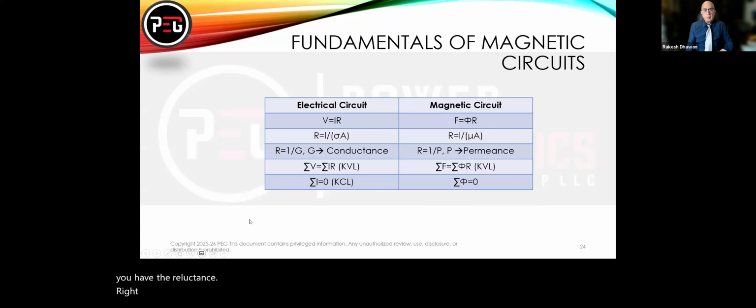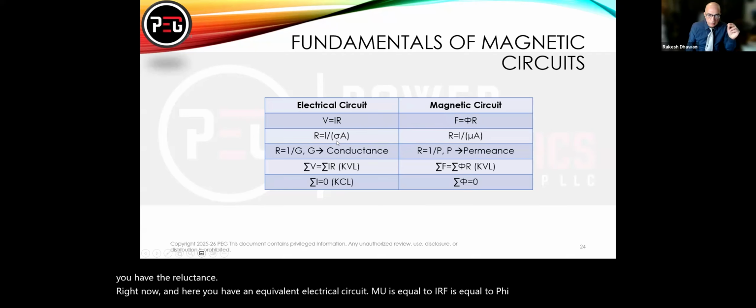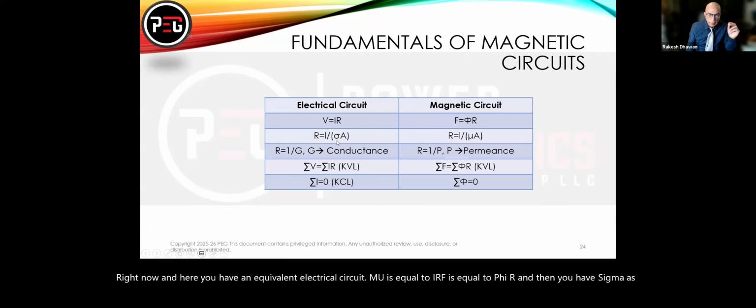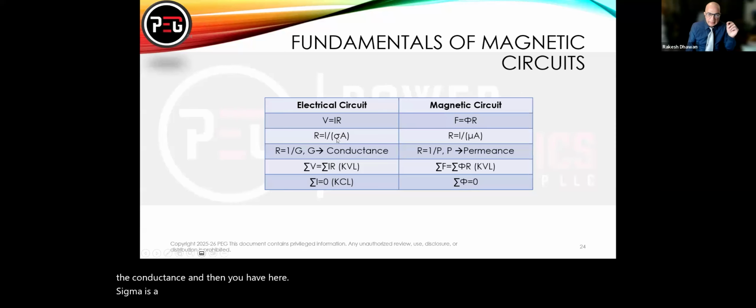Now, here you have an equivalent. Electrical circuit, V is equal to IR, F is equal to phi R, and then sigma is the conductivity, not the conductance, the conductivity of the copper or the material, and then mu is your permeability.